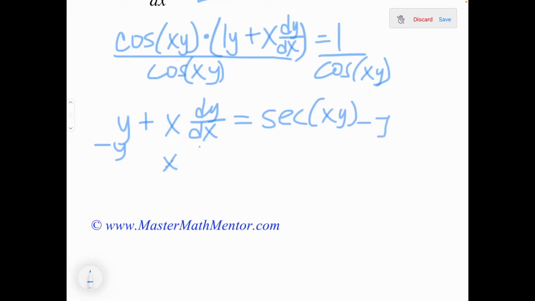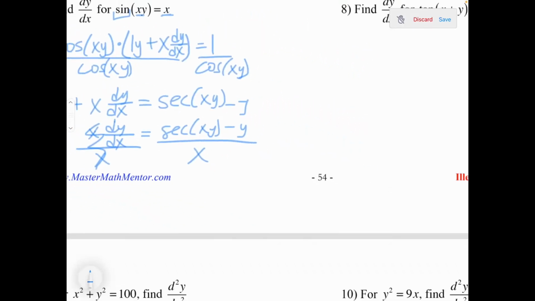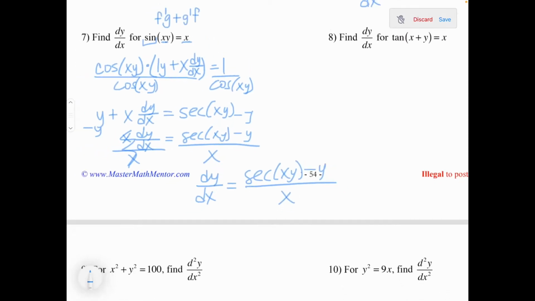So we get x dy dx is equal to secant xy minus y. And then we can divide everything by x to get dy dx by itself. So we get dy dx is equal to secant of xy minus y, all over x. Done with number 7.